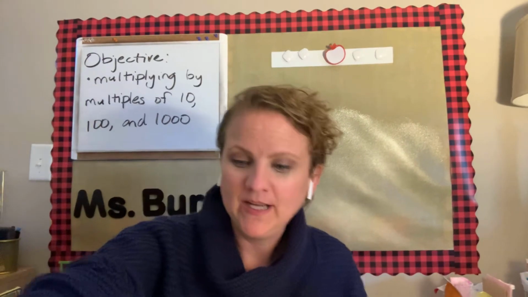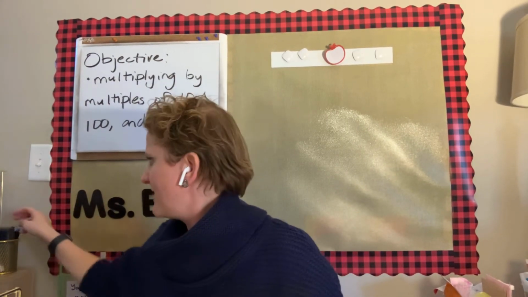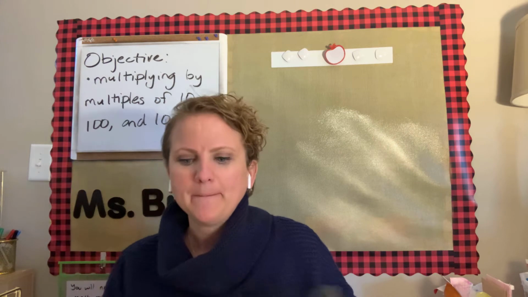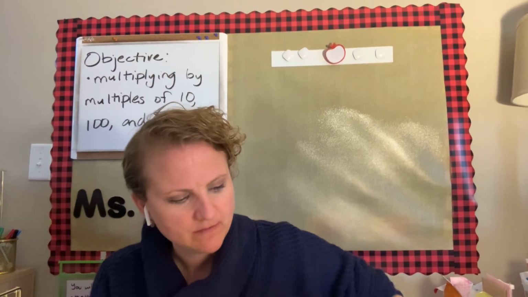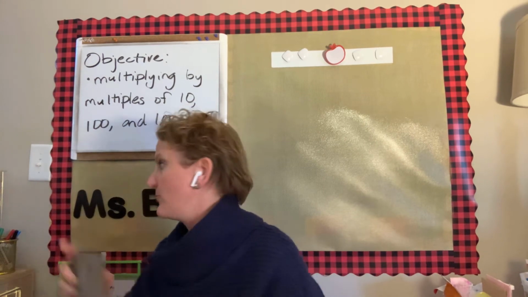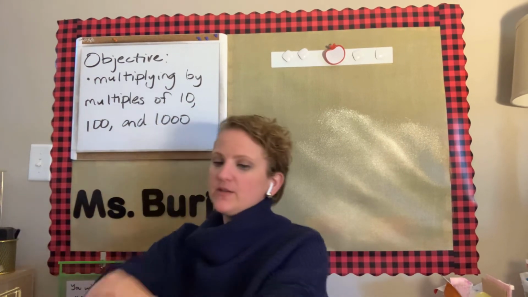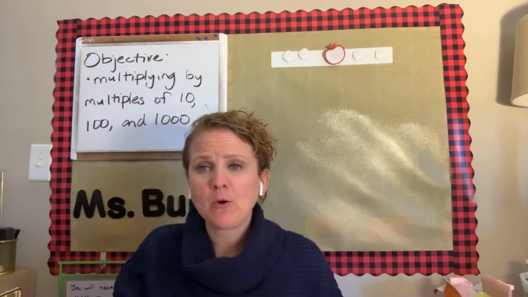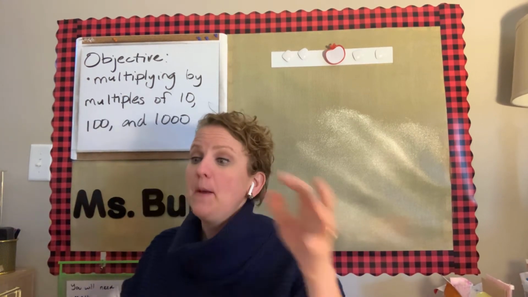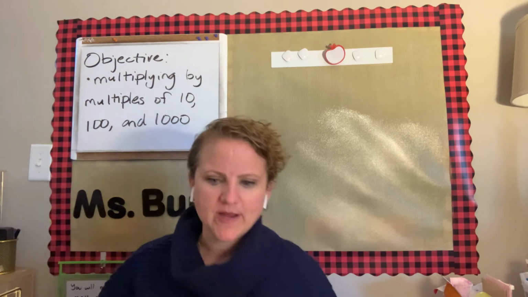All right, so on Friday, we had worked on multiplying by 10, 100, 1,000. And we had some rules for that, okay? So remember those rules, right? When we're multiplying by 10 or 100 or 1,000, we're really just moving that decimal point over, okay?